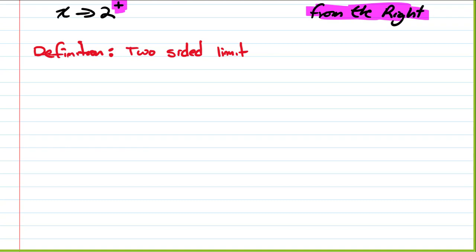So the definition of a two-sided limit is the following.